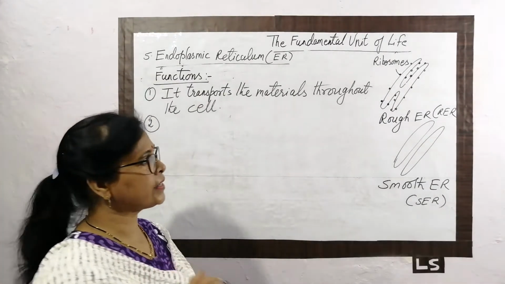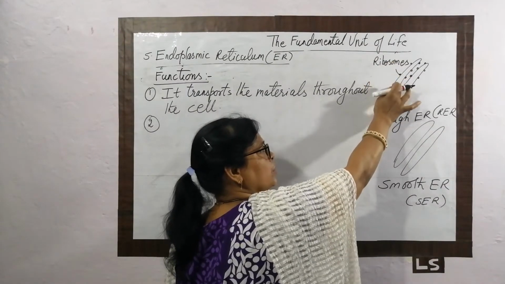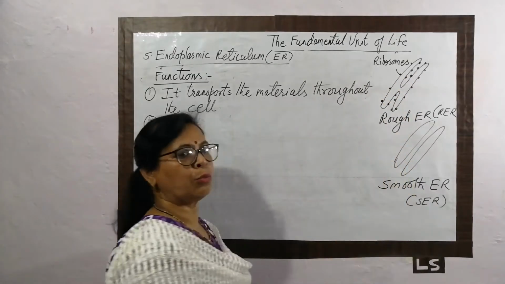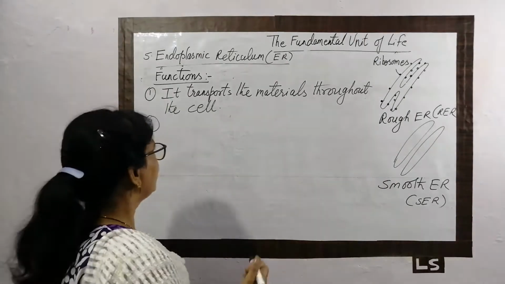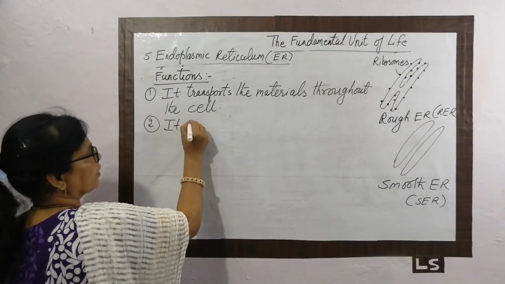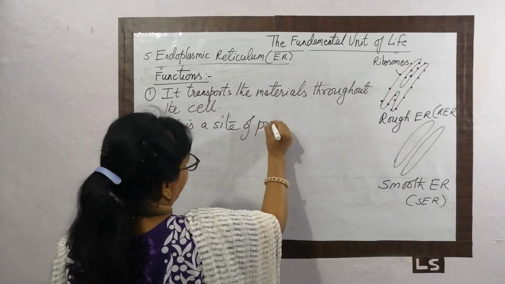So protein is synthesized on the endoplasmic reticulum. That protein reaches to the endoplasmic reticulum and endoplasmic reticulum circulates this protein throughout the cell. So what is the second function of this? The endoplasmic reticulum is a site of protein synthesis.